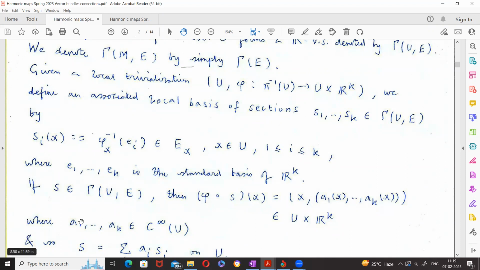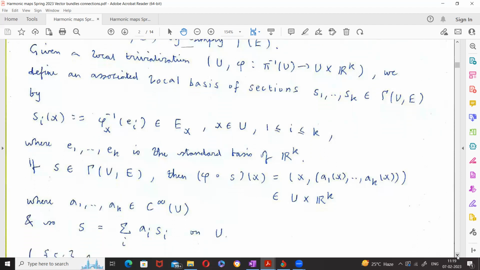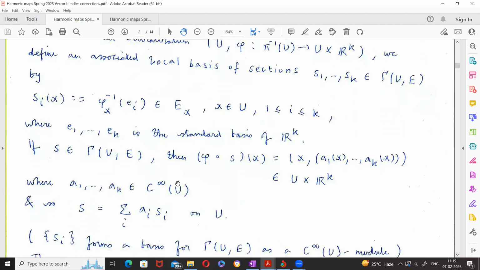So these functions a_1 to a_k are smooth functions on U, right? And if I take this local basis of sections s_1 to s_k, then these map to (x, the ith basis vector e_i), right? So that means s I can write as the summation over i of a_i s_i, right?